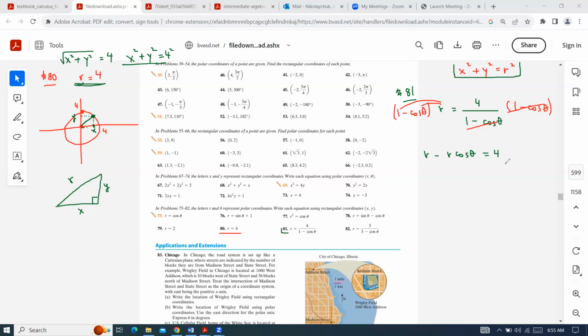If you wish to replace these with x and y, we need to recall that our x coordinate is r times cosine of theta, and that's actually what we have here. So I can say that this is x, which is subtracted from r, and instead of r, we just utilize the expression here, so I can write the square root of x squared plus y squared, right?